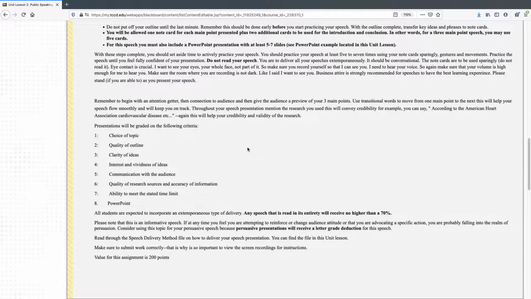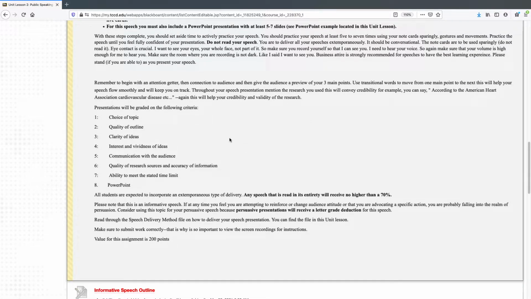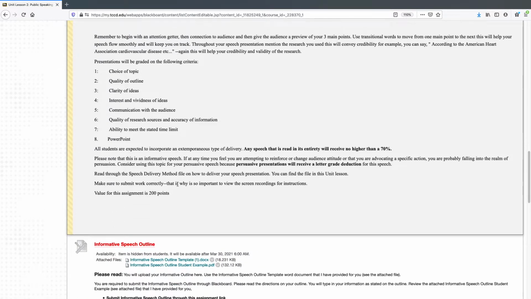Presentations will be graded on the following criteria: the choice of topic, the quality of outline, the clarity of ideas, interest and vividness of ideas, communication with the audience, quality of research, sources and accuracy of information, and the ability to make the stated time limit, and your PowerPoint.